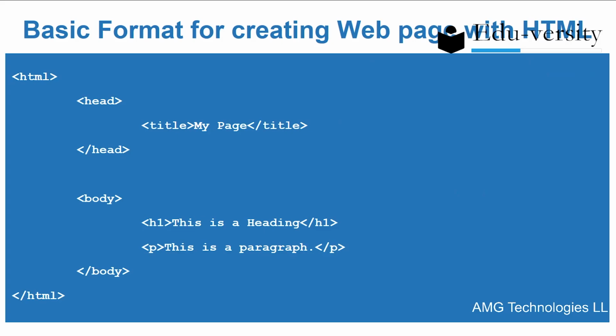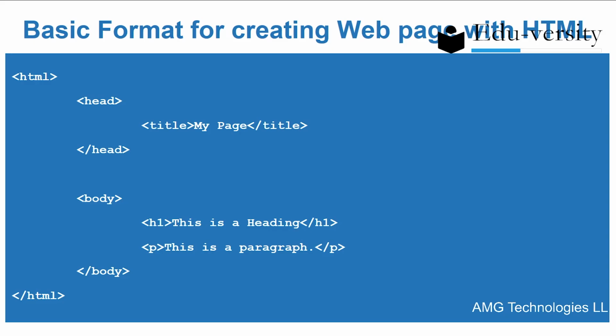Now, next we will discuss the basic format of a web page and how a web page basically works. To create an HTML document, you have to use a tag named HTML. Every HTML tag, as discussed, has an opening tag and a closing tag. So this is how an opening tag looks like. Any tag surrounded with angular brackets is known as an opening tag in HTML.